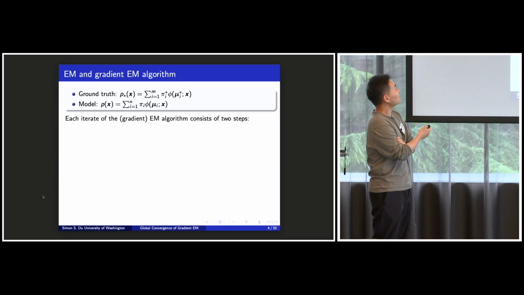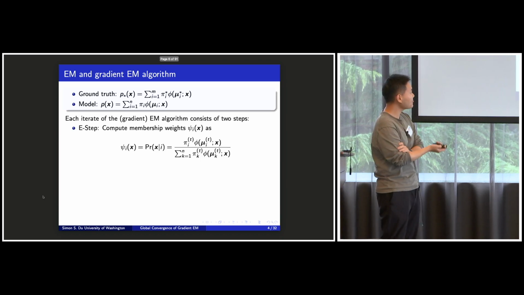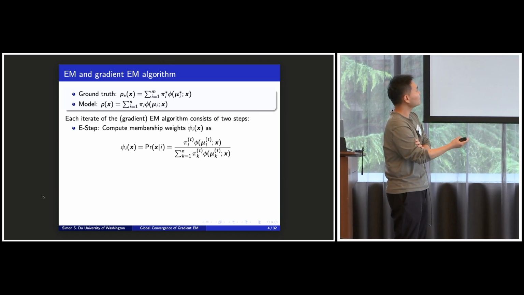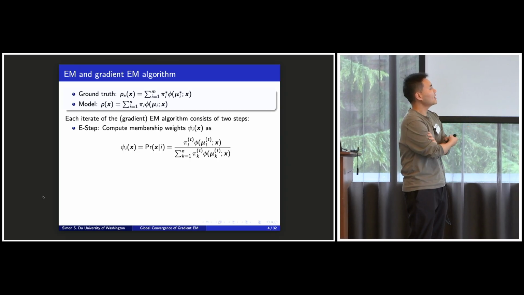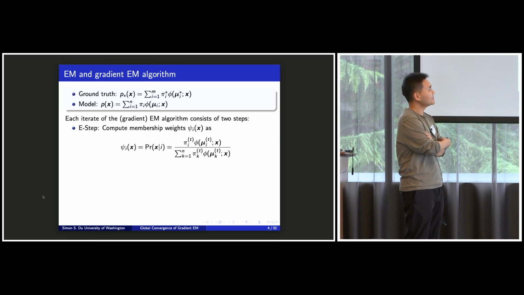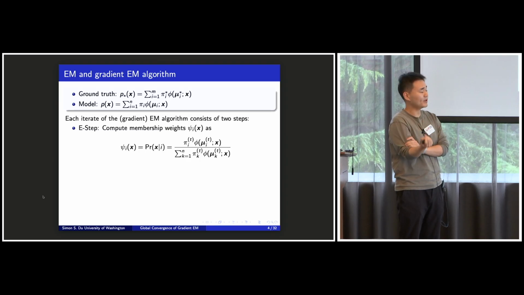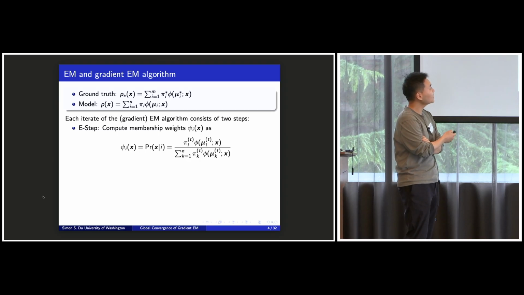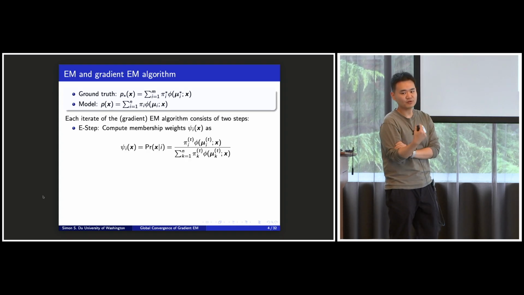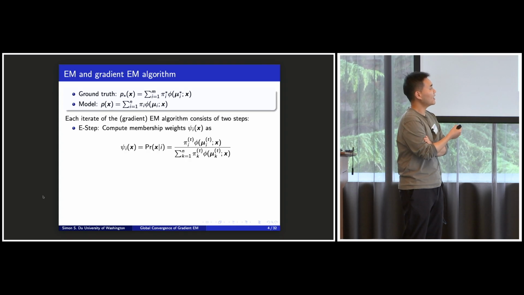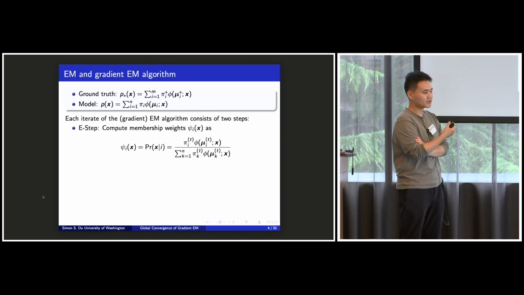Okay, so now let's talk about EM. So here's our model on the top, and it's an iterative algorithm. Let's say you have some initialization. For the E step, basically you compute a membership weight for each data point. Let's say for a data point x, we compute the probability that it is actually sampled from the i-th Gaussian component.